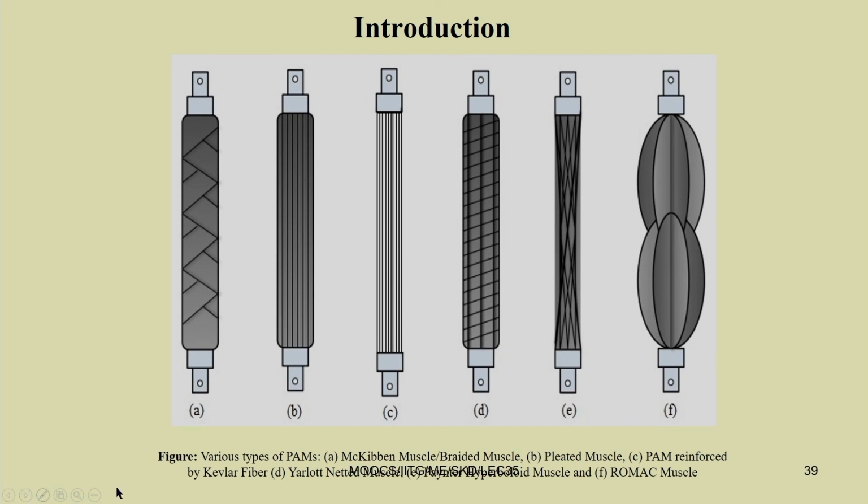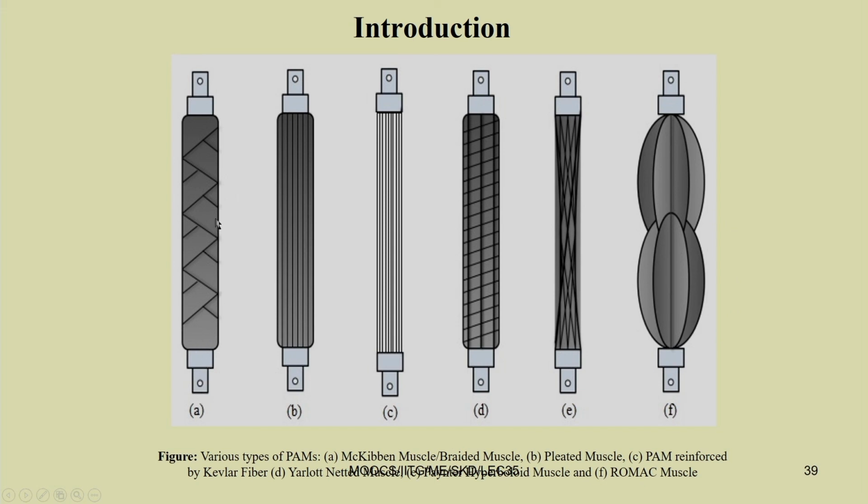These are different types of various pneumatic artificial muscles. The first one is the McKibben muscle or braided muscle, then the pleated muscle, then the one reinforced with Kevlar fiber, then airload net muscles, and there are several other muscles. These muscles are used in several applications.